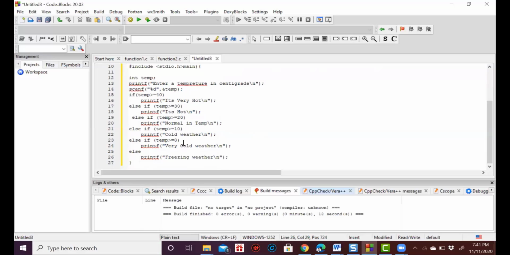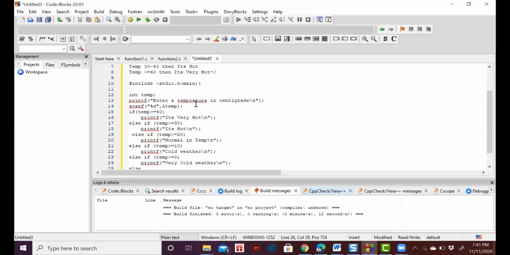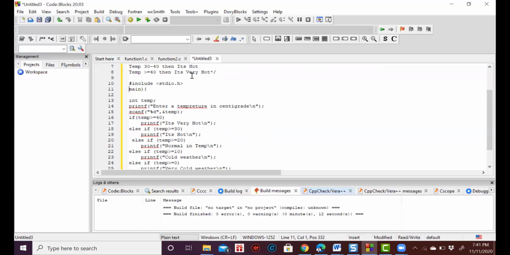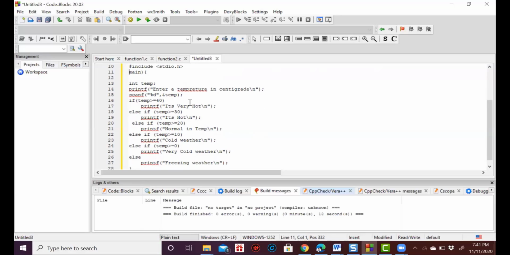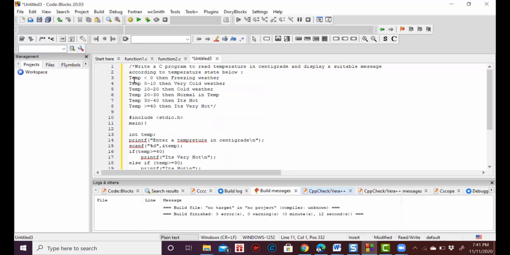Okay, class, any comment, anything to follow this? Yes, doctor. Why do we start from temperature 40? Can we start from 0? Can, but the logic you have to consider carefully. If you start from 0, for example, start with less than 0, for example.